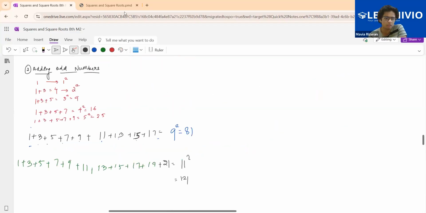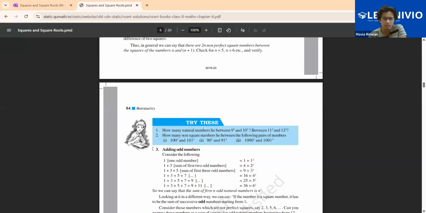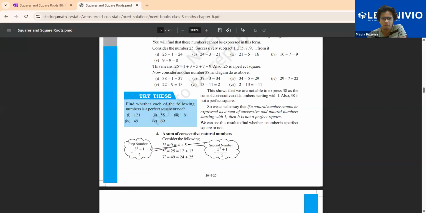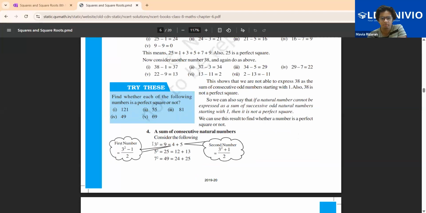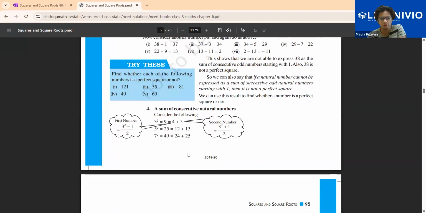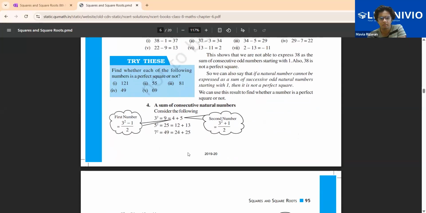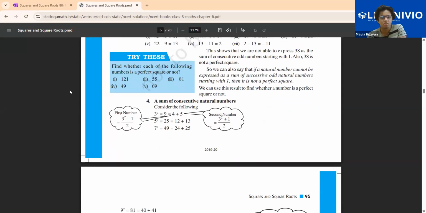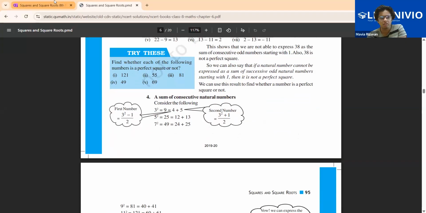Now the next one I'll tell you is a property. See, now the next is sum of consecutive natural numbers.